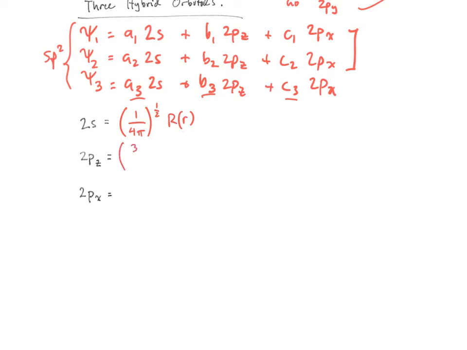Then down here we're going to have 3 over 4 pi to the 1/2, and then these functions here. Like so. And that's what we're going to use for our s and p orbitals.